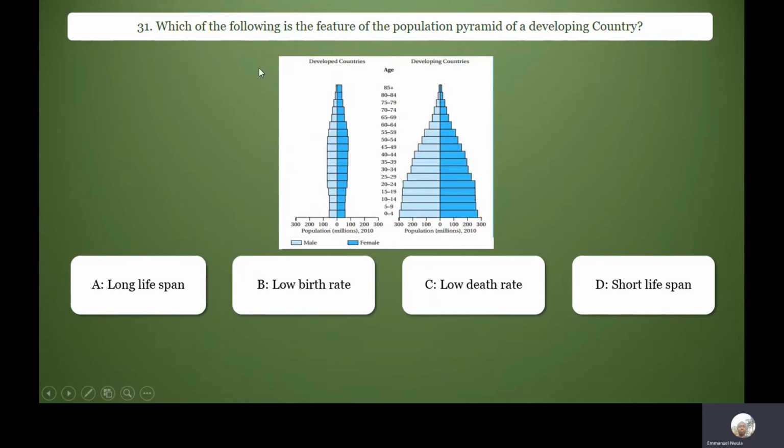So the correct feature here for developing countries among all the options is short lifespan.